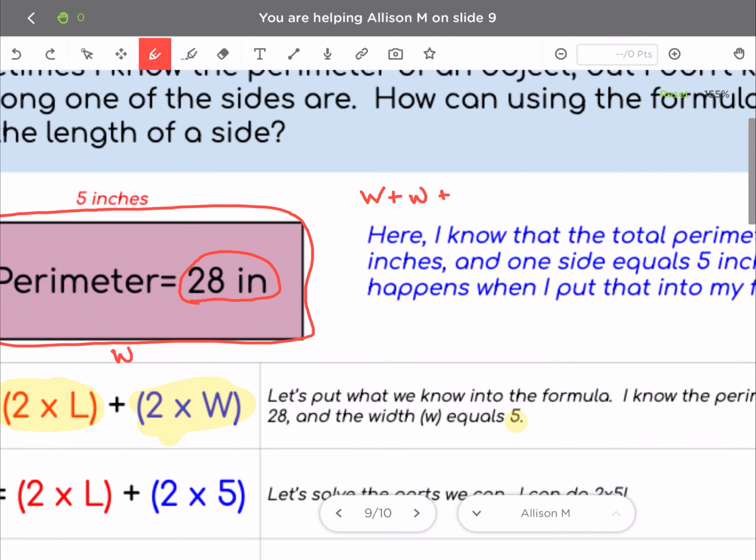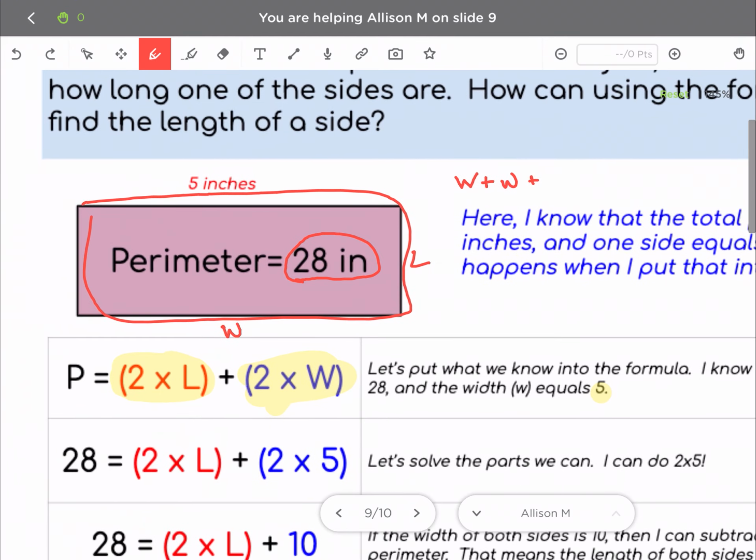Plus, we have to do these sides, length plus length is going to equal 28. They gave us 28. They also gave us one of the widths. So this could be 5, because I get that 5 right from here. Well, if this is 5, that means the other side, since it's a rectangle, has to be a 5 as well. So we have 5 plus 5 so far.